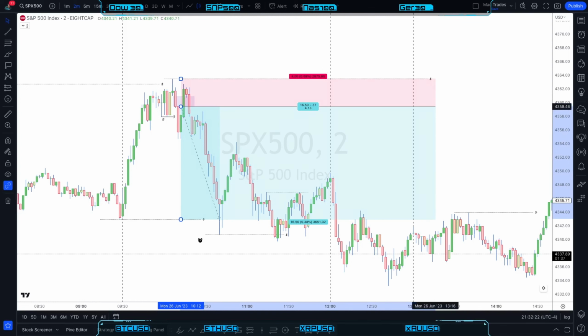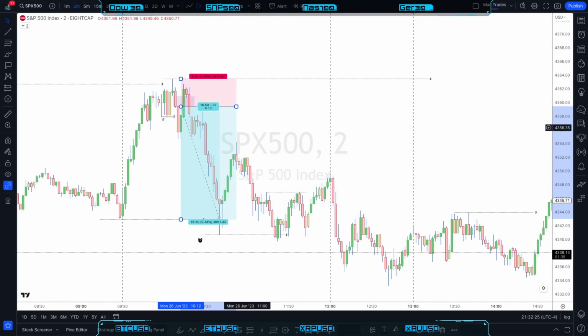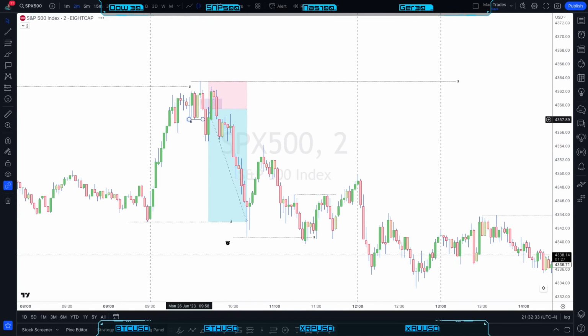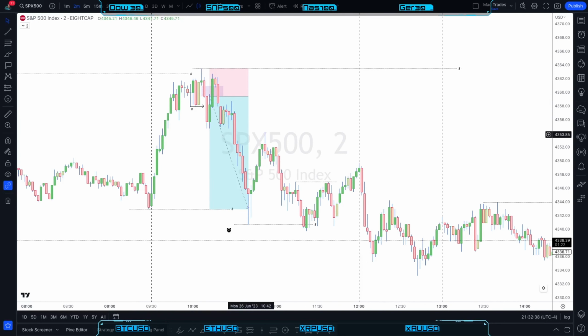Therefore, we have to utilize these other micro time frames, such as the M2 time frame and the M1. So this is where my entry formed for me to go short. Very straightforward trade setup.